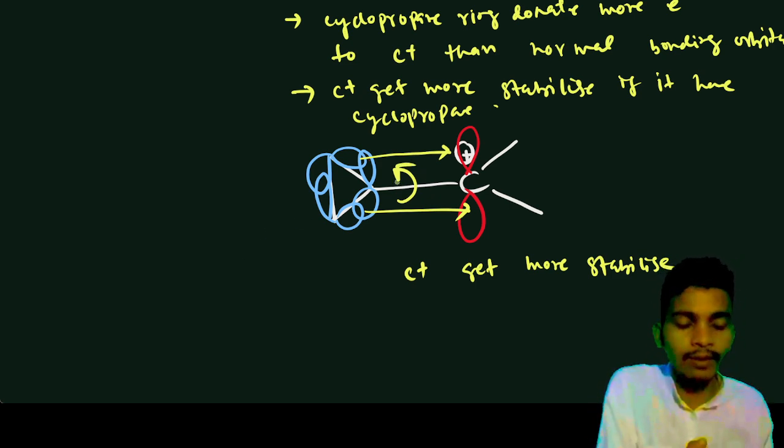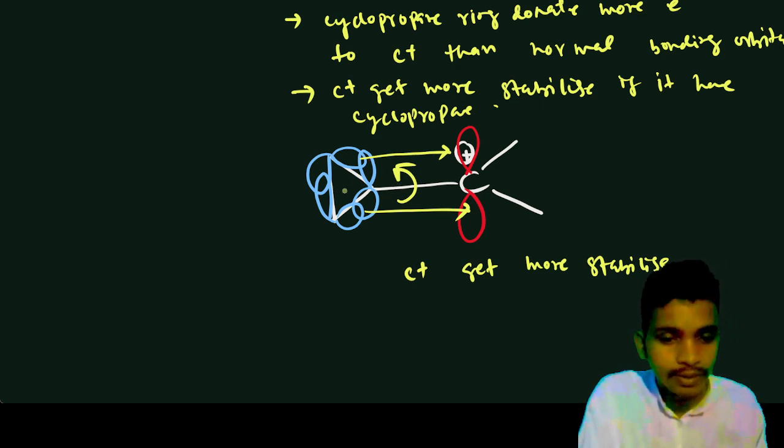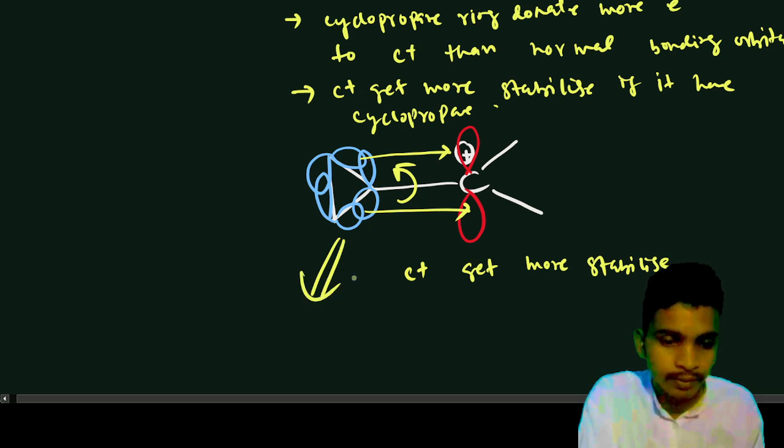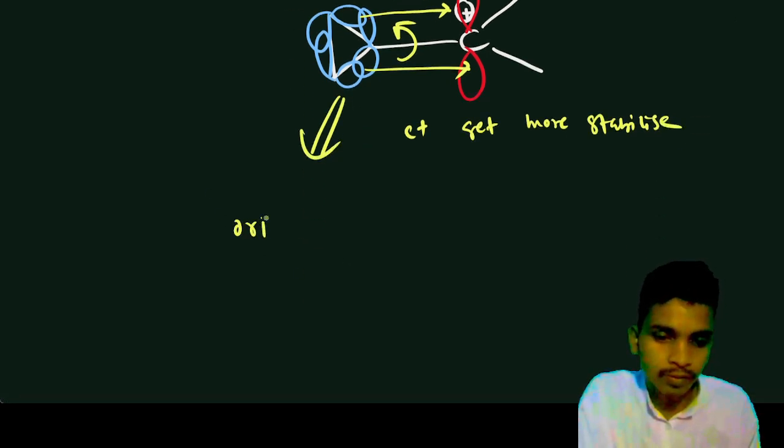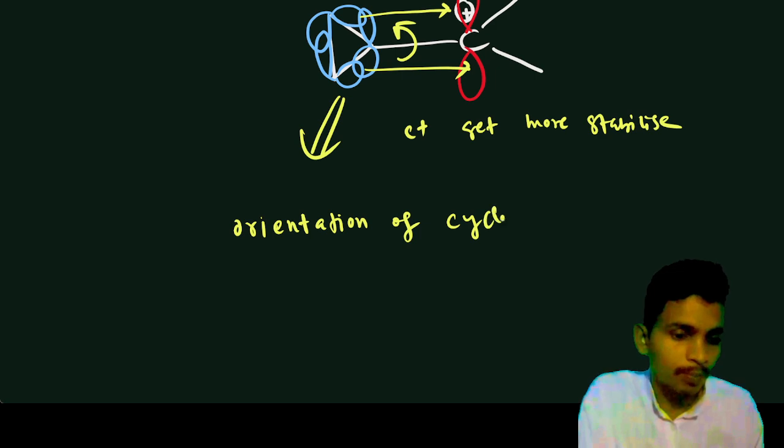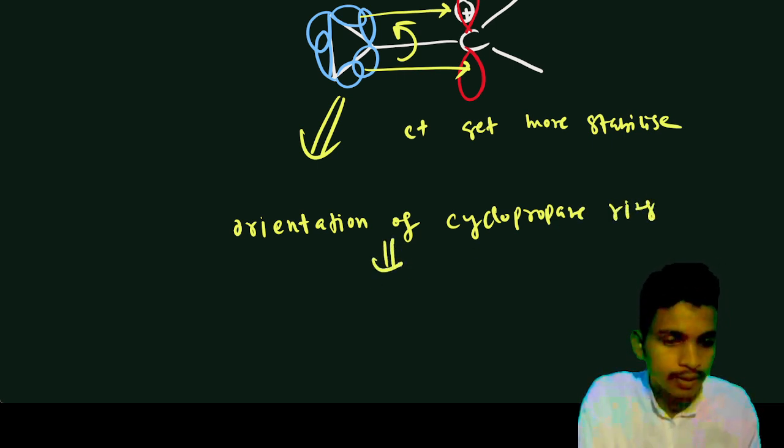So if the cyclopropane ring is present next to the carbocation, the orientation of this cyclopropane ring can be two ways.